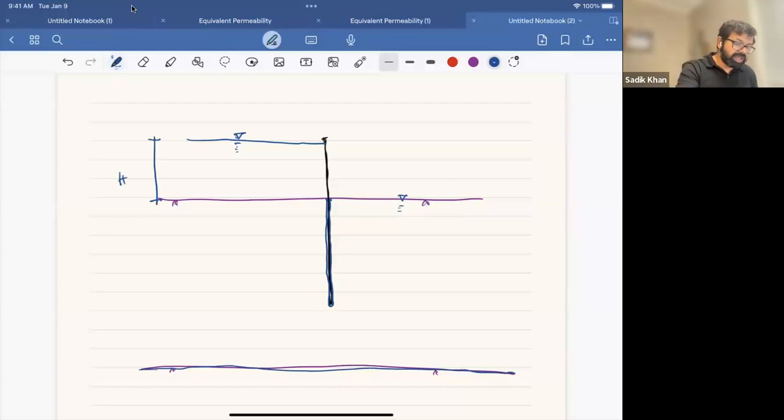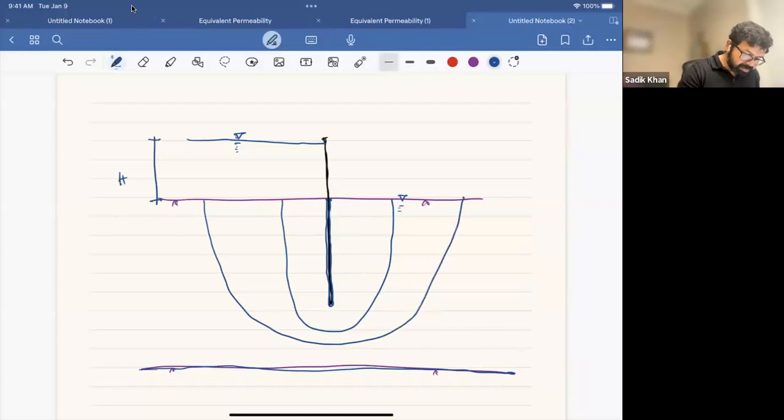Then we also have the equipotential lines, which are the drops. The idea is that the flow lines and the equipotential lines will cut each other at a right angle. So basically, we have our first flow line, our second flow line, our third flow line, and so on.